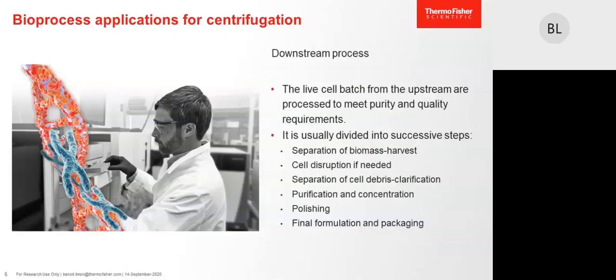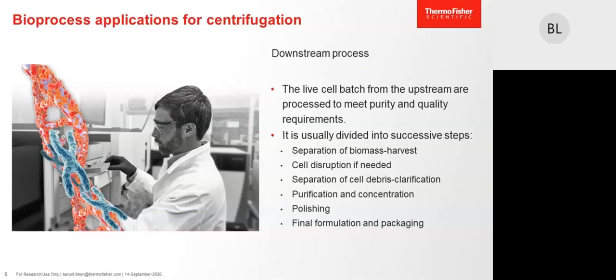Then the upstream is always followed by the downstream, and the goal of the downstream is to separate the biomass harvest, so to separate the cells from the culture media. In case the cell is containing the product of interest, then the culture media, also called the supernatant, is discarded, and only the cells containing the product of interest are kept.